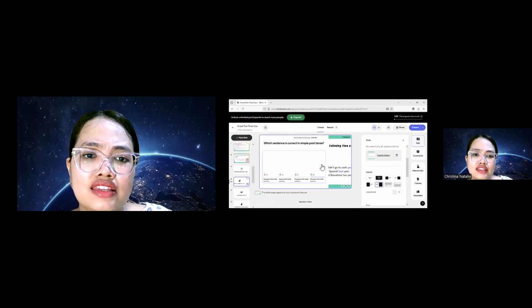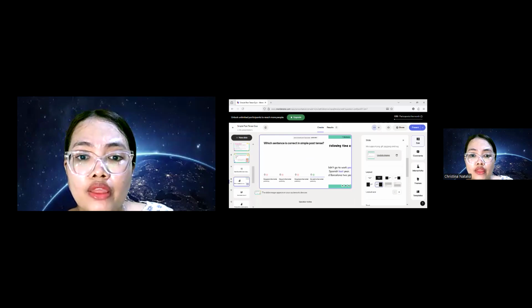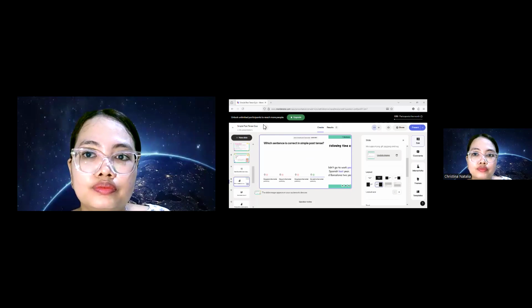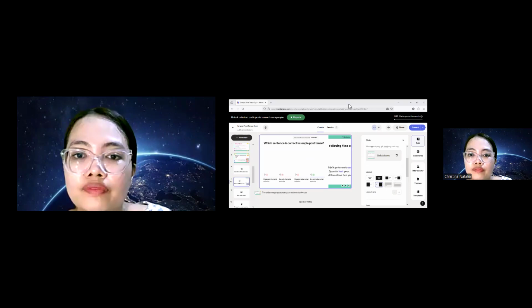Okay, I think that's enough from Mentimeter, but how to integrate Zoom? Yeah, how to integrate Zoom? Hmm, stop share, I think. And then how to integrate Zoom?